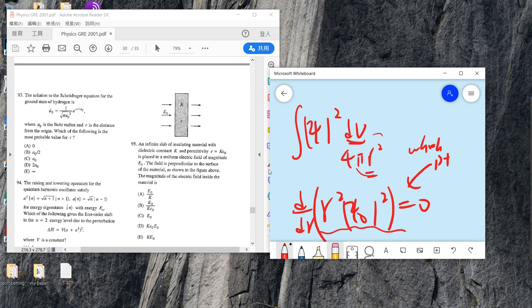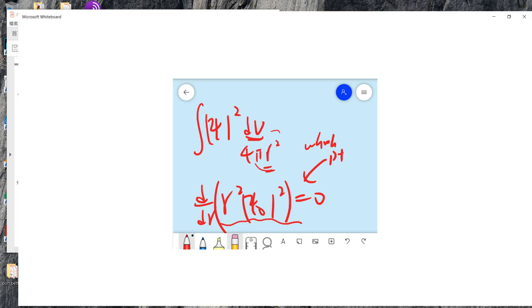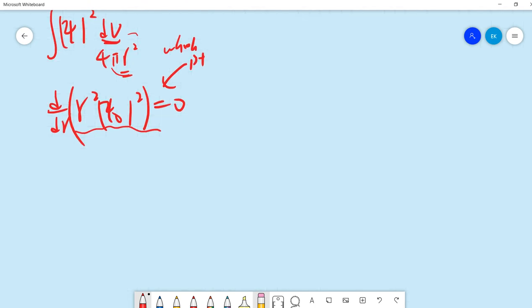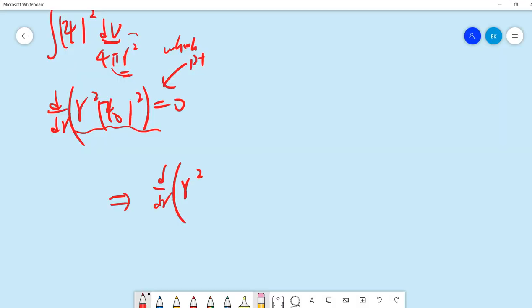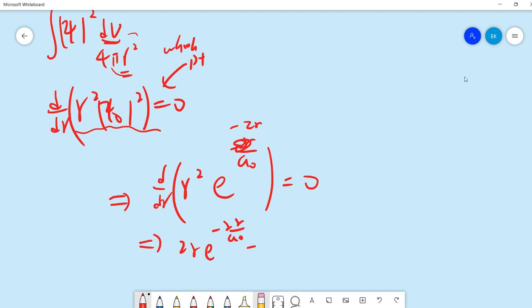And see the solution for this. Seek the solution for this. Okay, then nothing special. All we need to do is just do the computation. So basically, we are doing d over dr of r squared times the function. There are constants, right? But probably we don't care. So all we care about is this minus 2r. So what we have is 2r times this one plus r squared times this one.